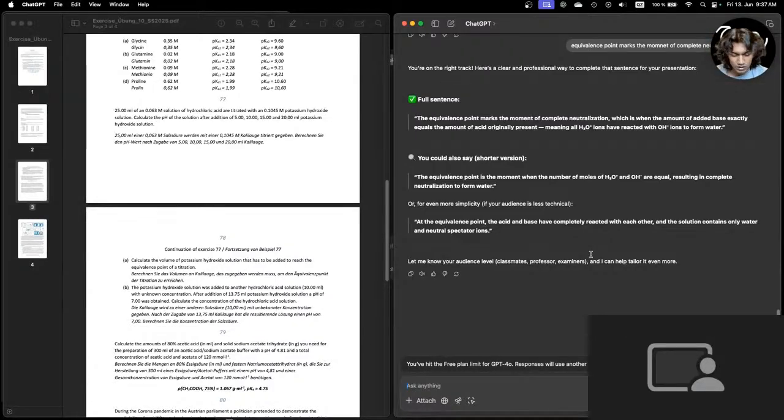I almost got it. My problem with the hydronium ion is, it's so weird.